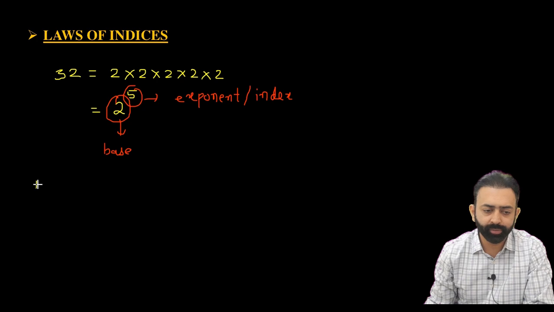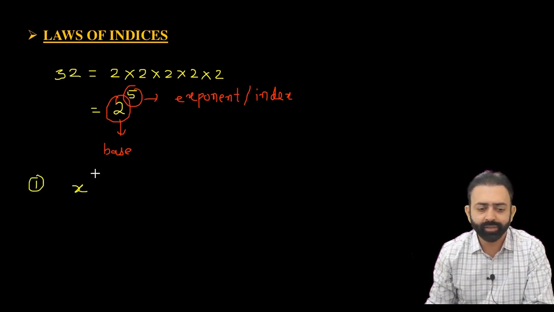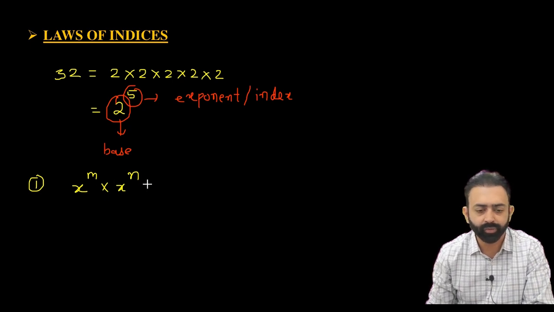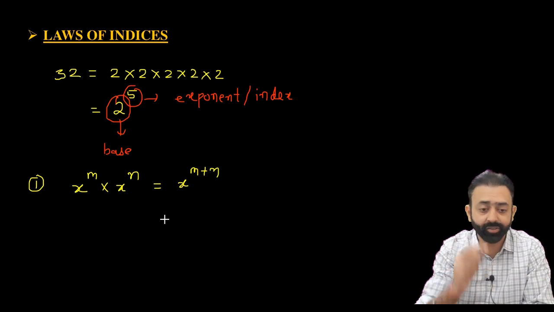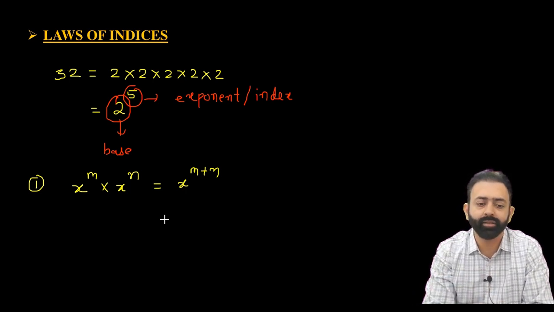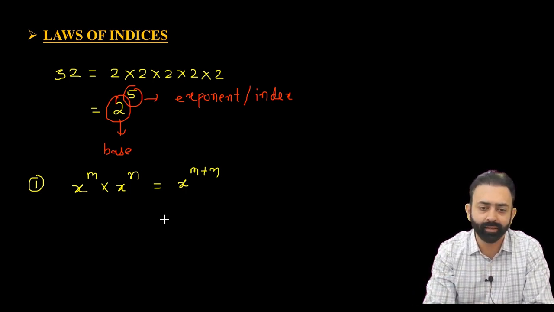The first law of exponent is, if I take a number x raised to power m, and this x raised to power m is multiplied by another number which is x raised to power n. As you can see, the exponents are different. So it says that if same bases are multiplied, then exponents get added. So x raised to power m multiplied by x raised to power n gives you x raised to power m plus n.